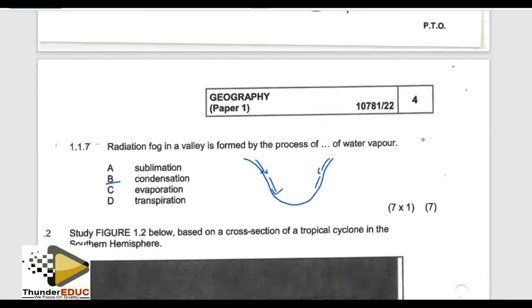So as air subsides to the valley bottom, this air is going to change from being vapor to liquid again, resulting in the formation of radiation fog. But the process that results in that will be condensation, a process whereby water changes from gas to liquid. Okay, so that is question 1.1.